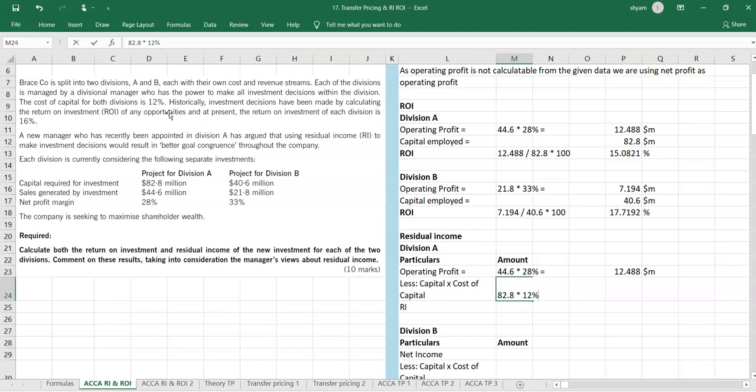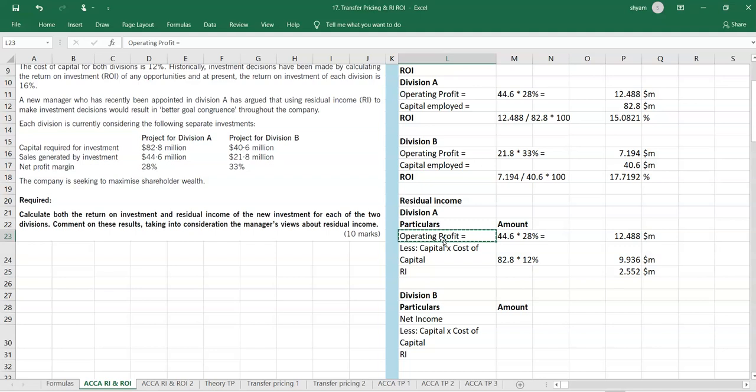So RI would be the operating profit minus capital employed times cost of capital. If you do that, that gives you the answer. This number is also dollar million. So that's about RI.